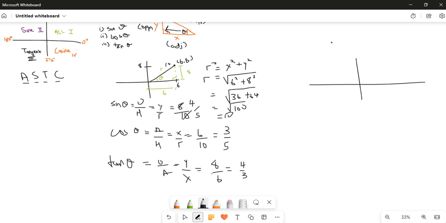Since the point is -4, 3, our x coordinate here is going to be -4. Our y coordinate here is 3. So we are in the second quadrant. Once you get your point, draw a diagonal to the origin and make a right-angled triangle.